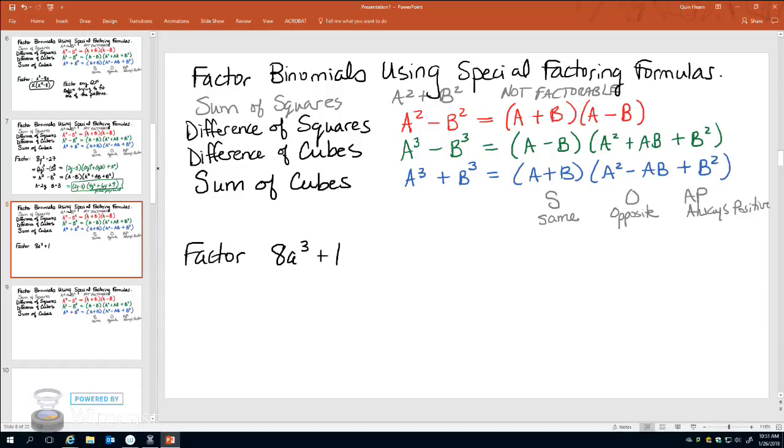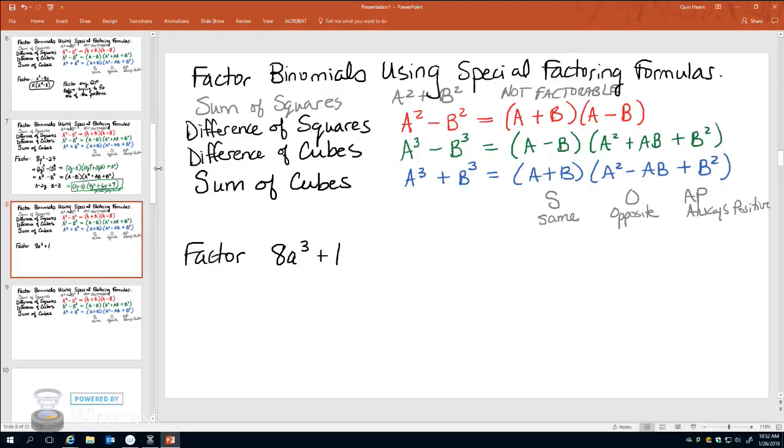Again, we would look for a GCF, but there isn't one, especially since one of the terms is 1, so only a 1 can go into that evenly. It's a binomial, two terms, and it's a sum. So remember, sum of squares doesn't factor. So the only hope we have of factoring would be if it's a sum of cubes, the blue one, a to the third plus b to the third.